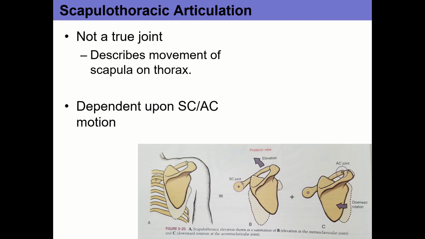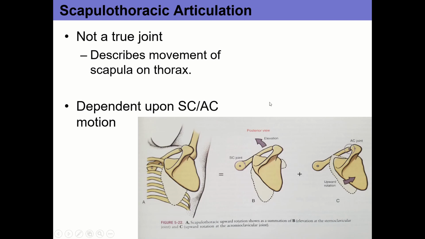All right. So scapulothoracic articulation, again, we've already talked about this. So it's not a true joint because there are two muscles that sit between the scapula and the thoracic wall. And movement of the scapulothoracic articulation is dependent upon normal movement of the sternoclavicular and acromioclavicular joints. So if I click to my last picture here, because I think this is the best one. So obviously this is upward rotation of the scapula here.